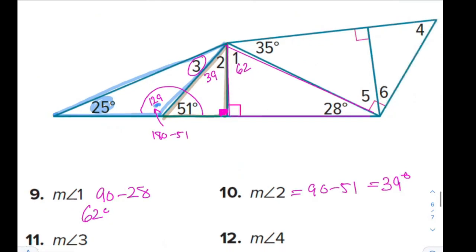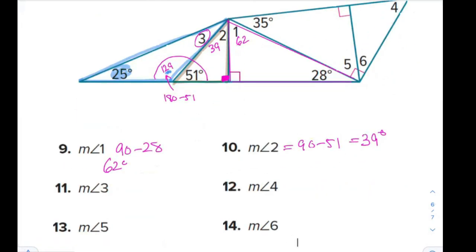We will apply the triangle sum theorem. So we can say 180 minus (25 plus 129). So 180 minus 129 plus 25, which is 26. So this one is 26.